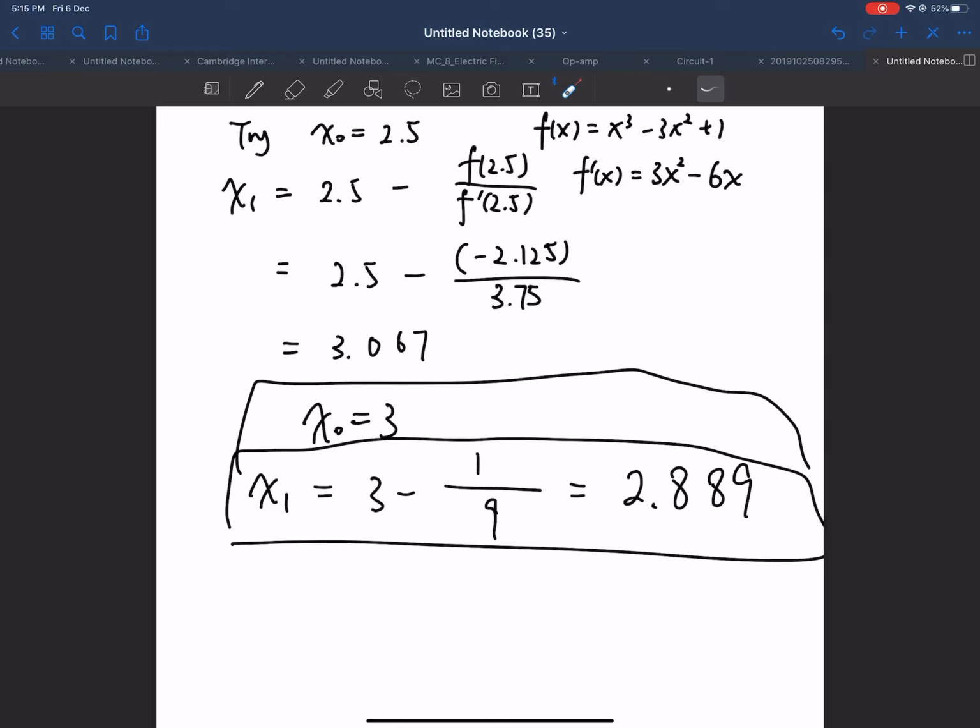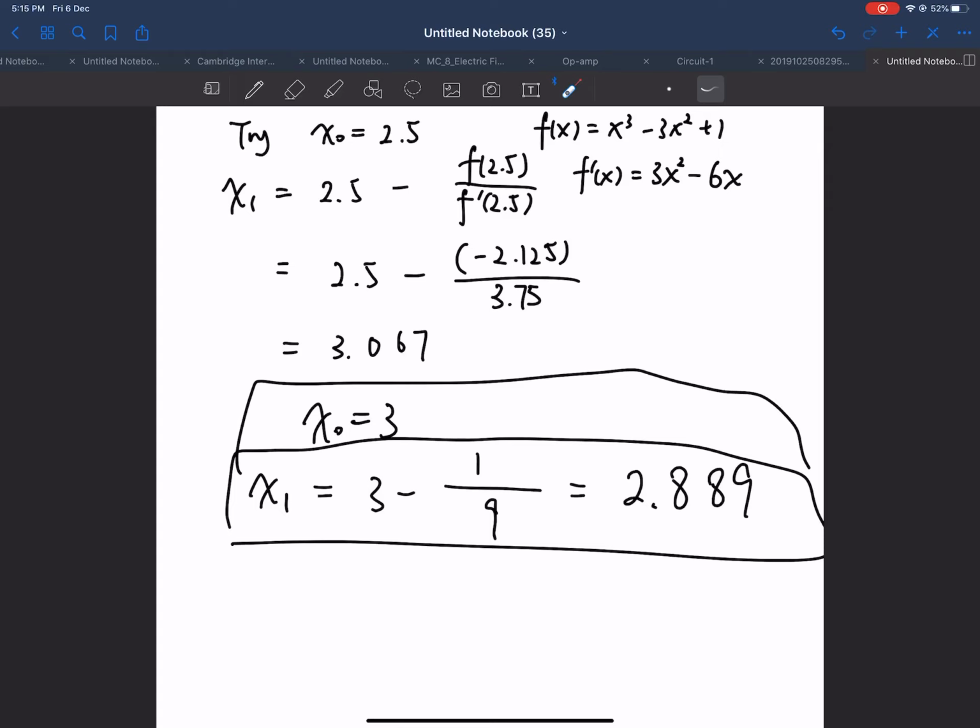But because the questioner does not state clearly, if the question asks you to obtain the roots correct to 1 dp, then your first dp should be accurate.